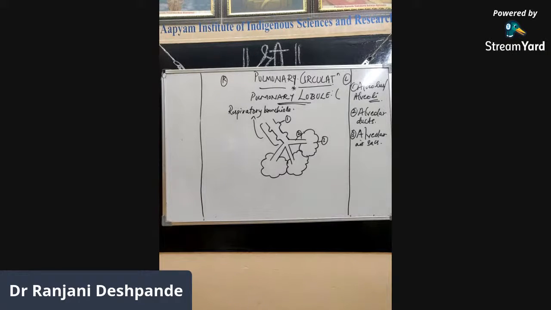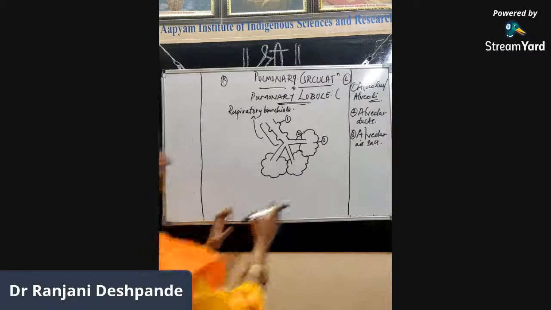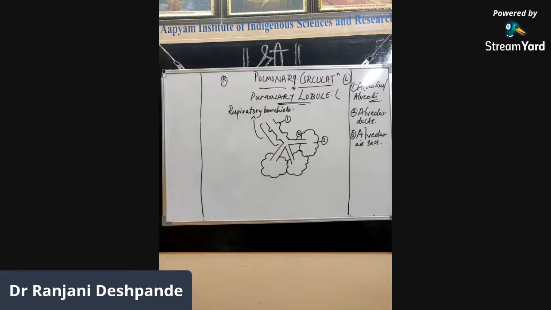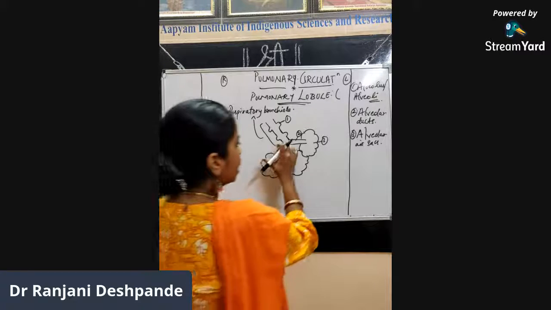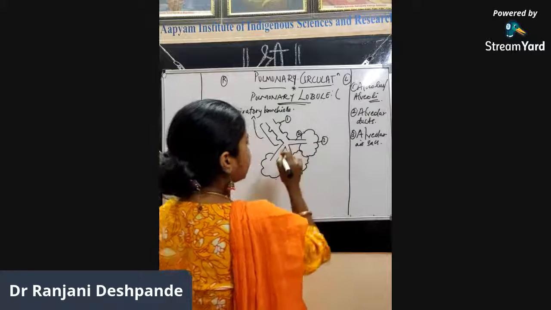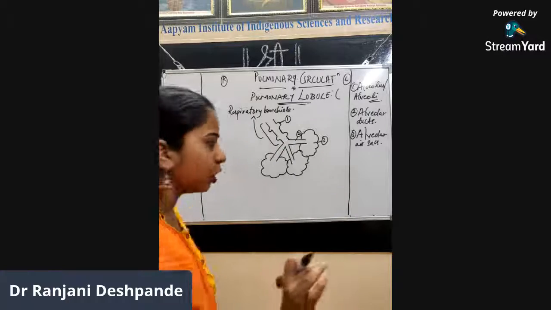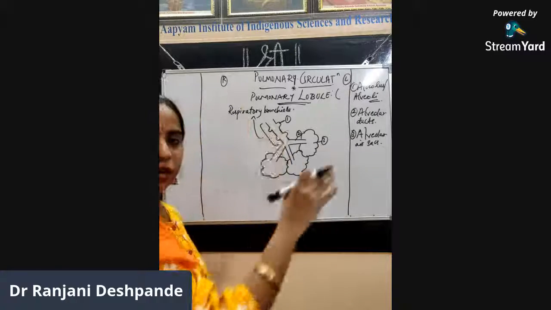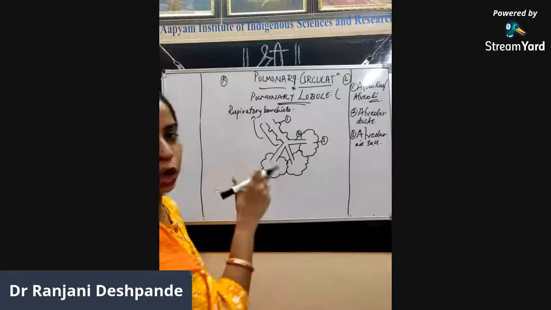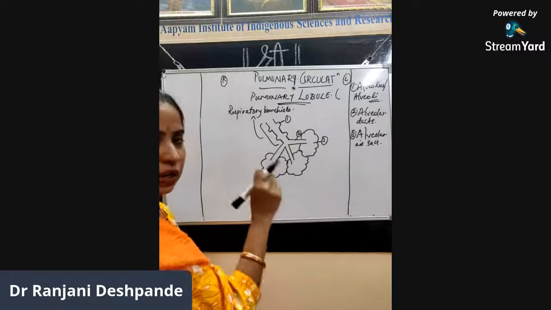Okay. So now what we have to see here is that these units are called the pulmonary lobules. This entire unit is called the pulmonary lobule. Now, we saw that the intralobular artery enters the lobule, right? That is why it is called intralobular.